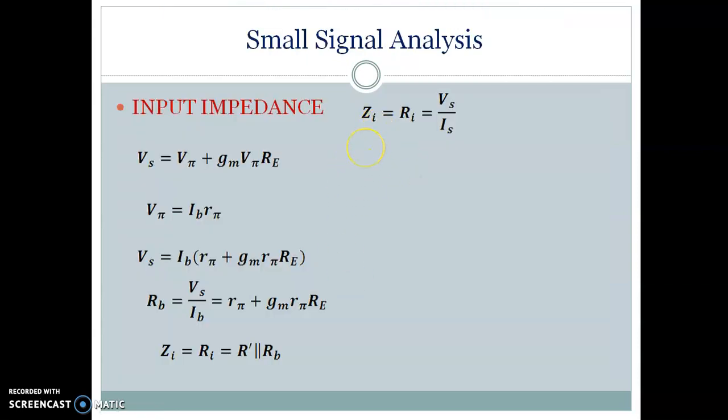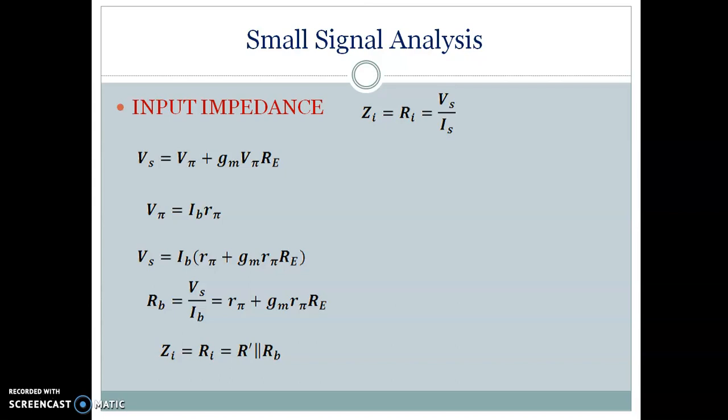The input impedance Zi is equal to Ri, which is equal to Vs by Is. But we know that Vs is nothing but the drop across R pi as well as Re, which is given as V pi plus gm V pi Re, neglecting the base current, because base current is going to be very, very small. So IC is approximately taken as IE, and V pi is IB times R pi.